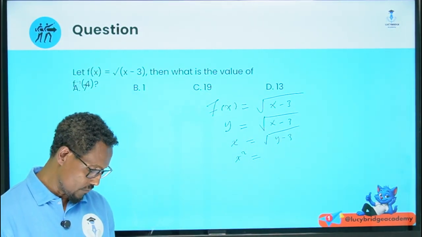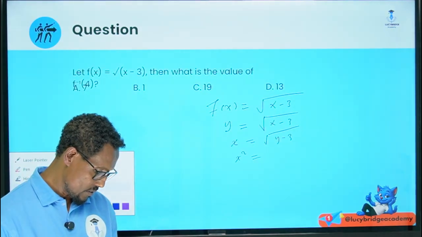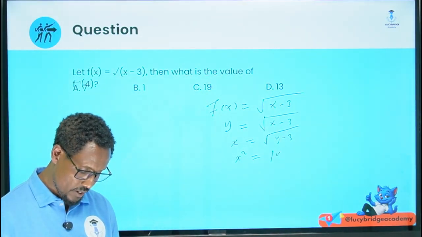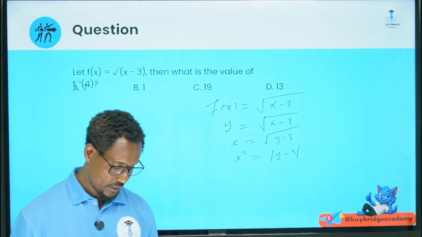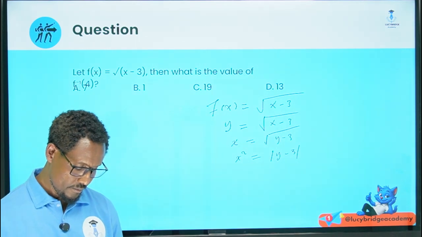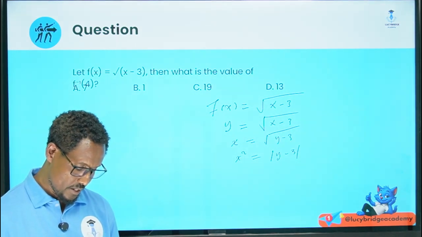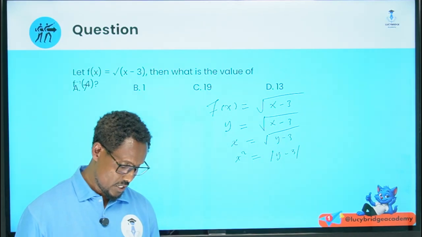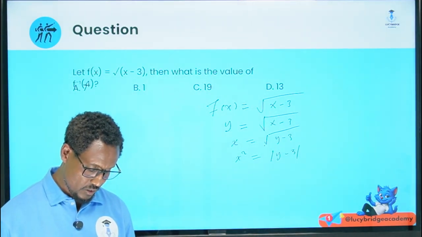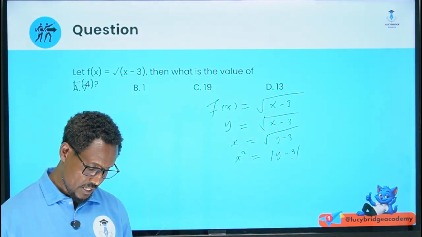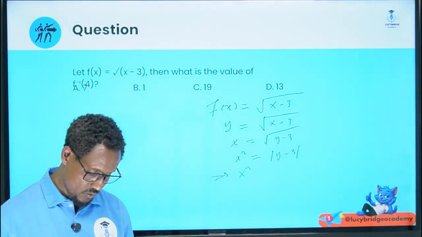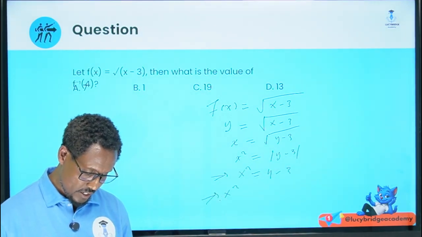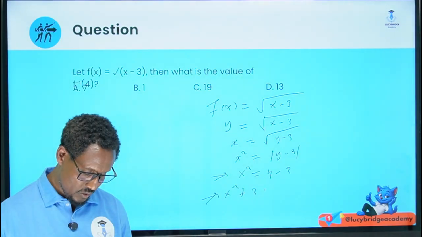We can write the absolute value of y minus 3, but look, this is not plus or minus, only the plus value, right? So this means x square is equal to y minus 3. X square plus 3 is equal to y.